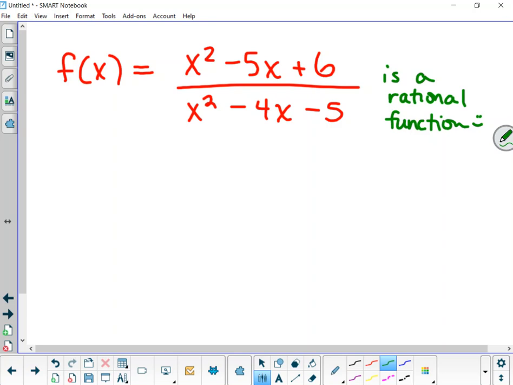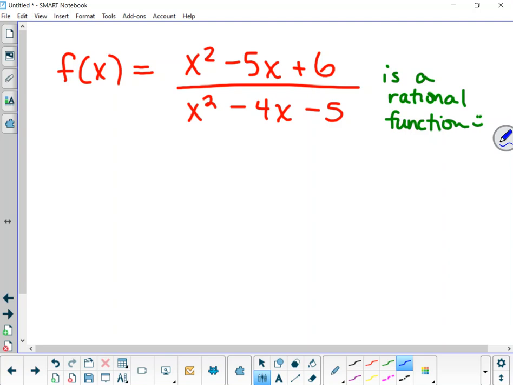So what are we going to want to do with a rational function? Just like a polynomial function, we want to be able to talk about what the graph's going to look like, and we want to be able to create the graphs. With polynomials, we spent the first set of time talking about what they looked like, because polynomials are very predictable. Rational functions are not as predictable.